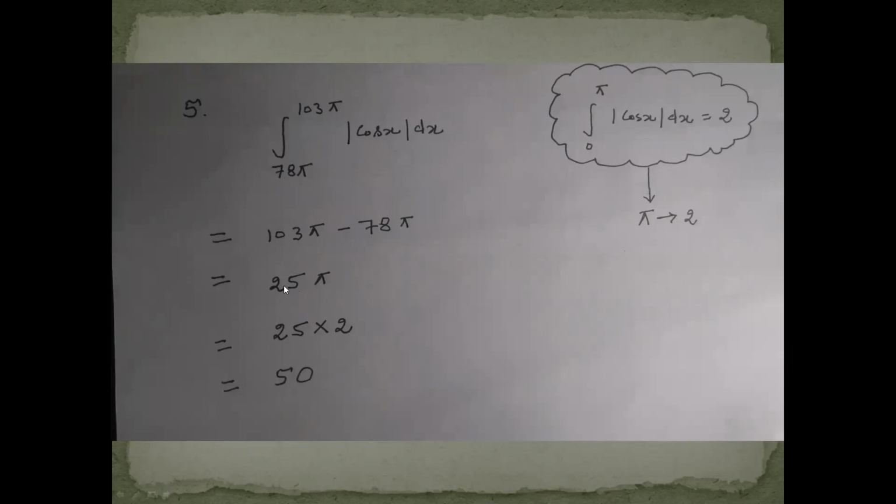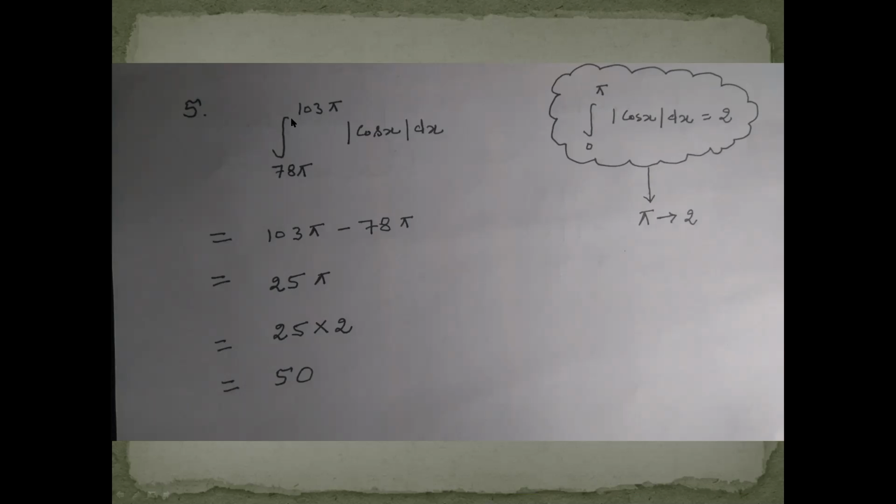Subtracting these two, the answer is 25. Here we take the value of pi as 2, as we have solved in the previous question. So 25 into 2, the result is 50. That's why I wrote the answer taking no time. This is the answer to our question number 5.